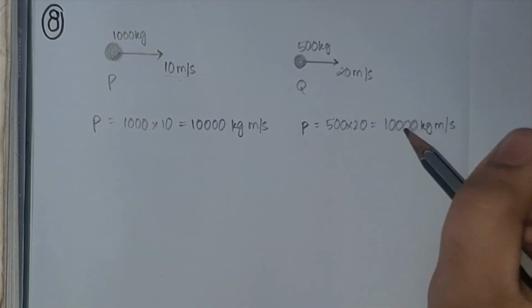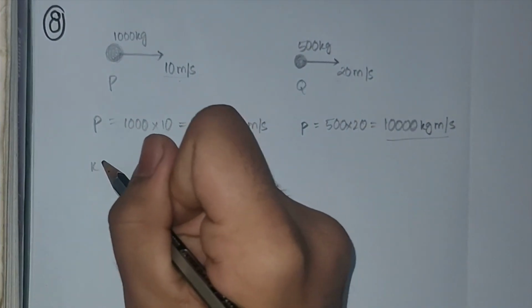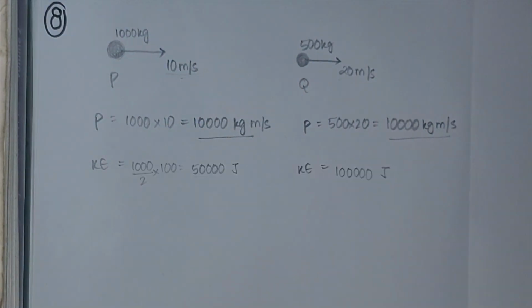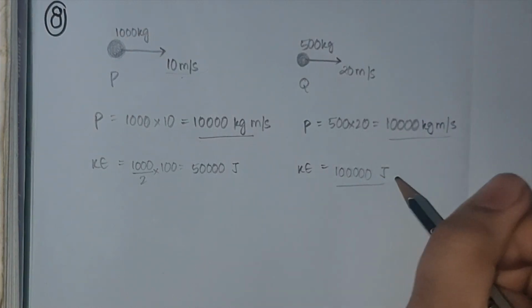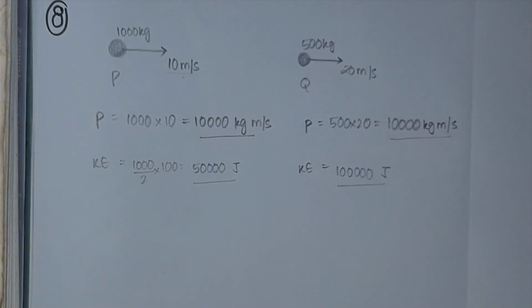So momentum seems like same for both of them. Now let's check the kinetic energy. I'll use a calculator and calculate both of them. Okay, so seems like the kinetic energy for car Q is greater. It is 100,000 joules, whereas for car P it's 50,000 joules.